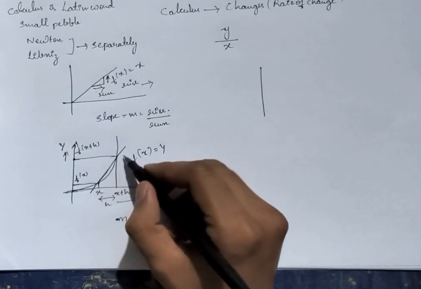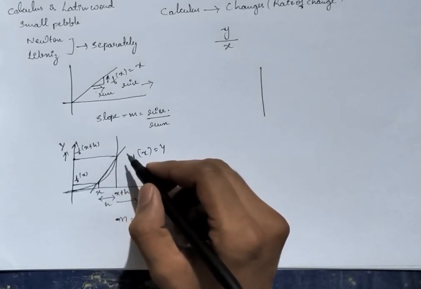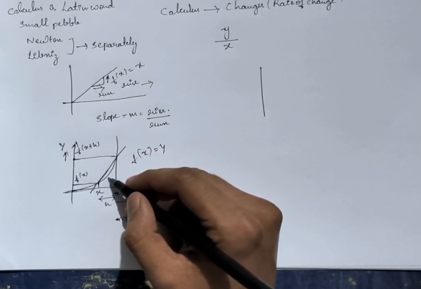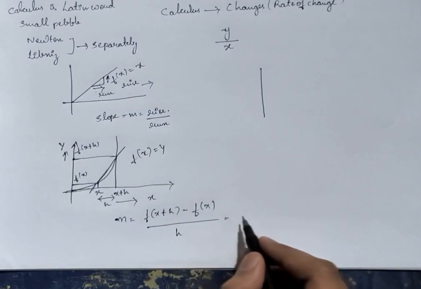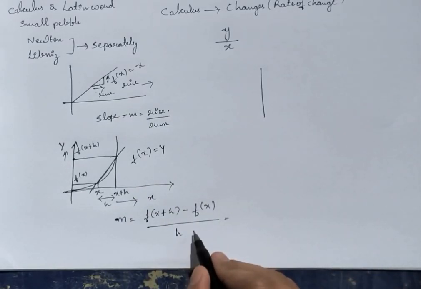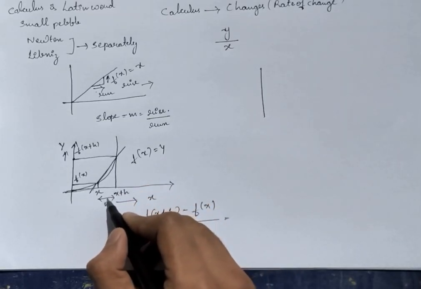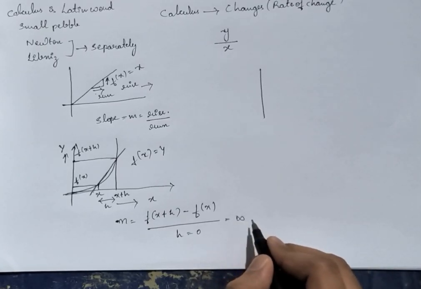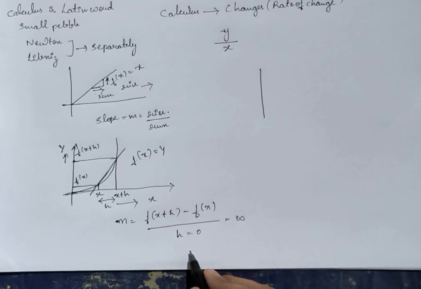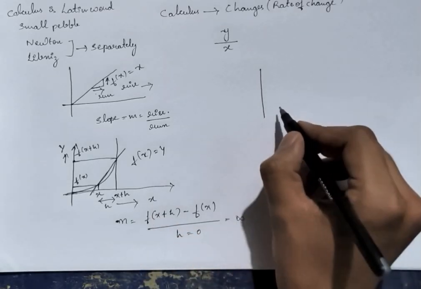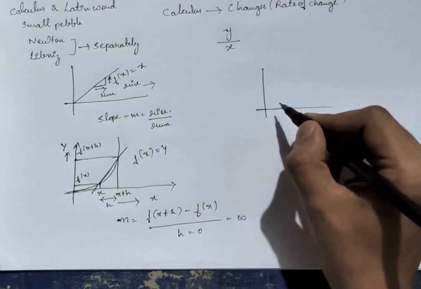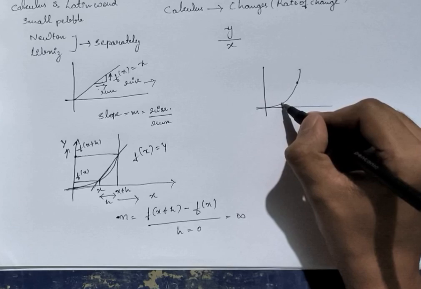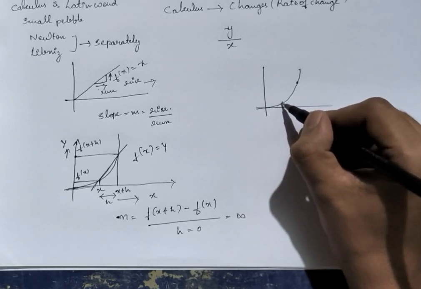But this slope is very inaccurate. To make it very near the true value, if we make h equal to 0, this distance equal to 0, it becomes infinity, does not exist. So here is a problem. If these points meet, then there is a problem.